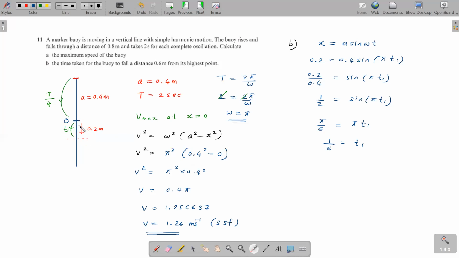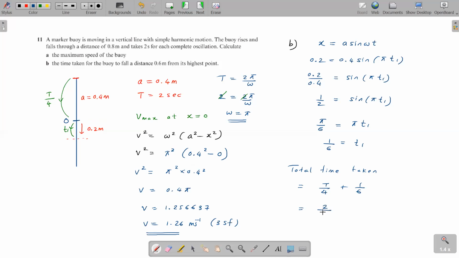But that's not the only thing. I have to find the time also taken to come from the amplitude to the center, which is T over 4. So total time taken is equal to capital T divided by 4 plus 1 over 6. So capital T, do we know the periodic time? Yeah, it's 2 seconds.